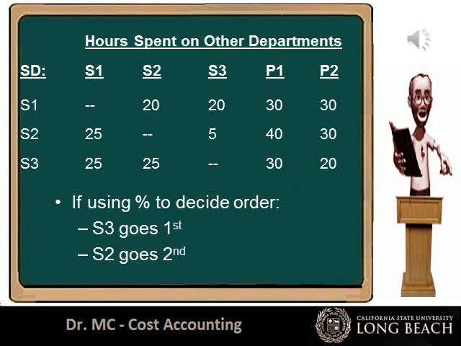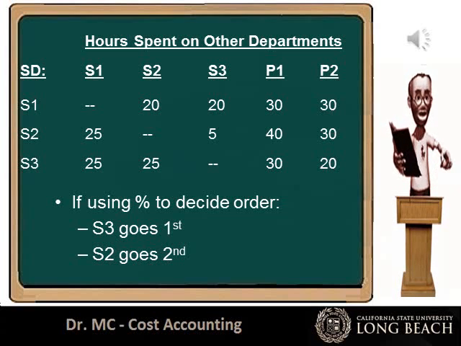So, you only look at the fact that Support Department 1 spends 20 hours divided by 80 remaining hours on Support Department 2, which is 25%. Similarly, you would look at the fact that Support Department 2 spends 25 hours divided by 95 remaining hours on Support Department 1, which is 26.32%. Thus, Support Department 2 goes second.